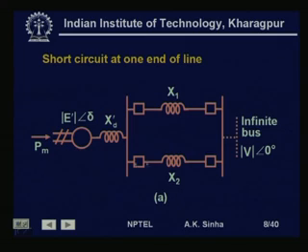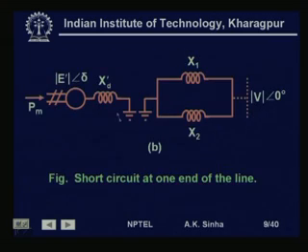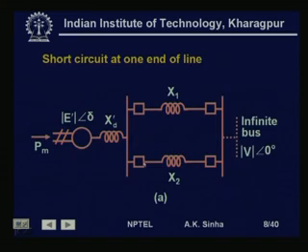and under such a situation there can be no power transfer. Same case, if the fault occurs very near to this bus, at this end of the line, then also the voltage of this bus becomes 0 and there will be no power transfer which will take place under such a situation. So, on any one line, if the fault occurs just near the bus, then the voltage of this bus is 0.